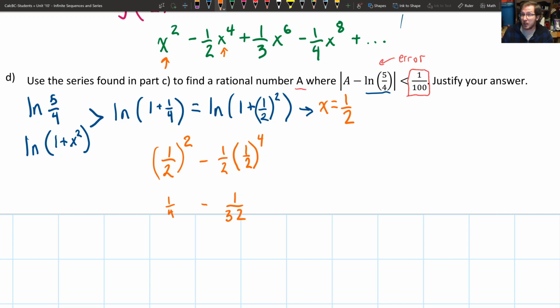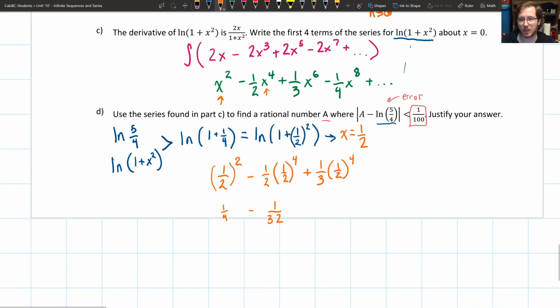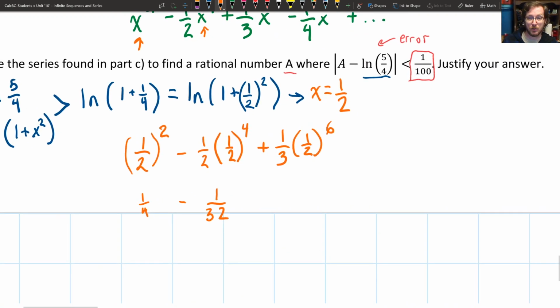So far we're still bigger than 1/100. We're alternating, plus 1/3 times 1/2 to the 6th power. 2 to the 6th power is 64, and 64 times 3 is definitely going to be bigger than 100. So this is 1/192. Boom, we've hit a point where this 1/192 is now less than 1/100.